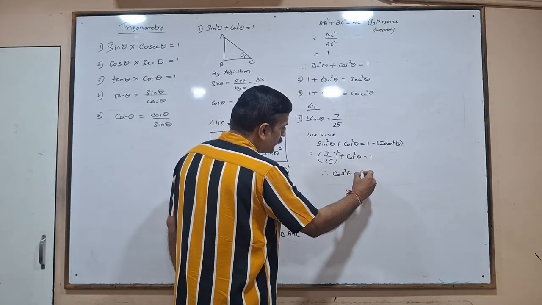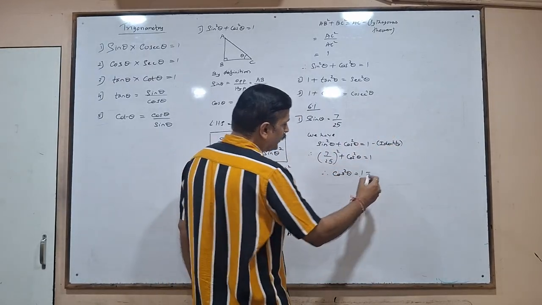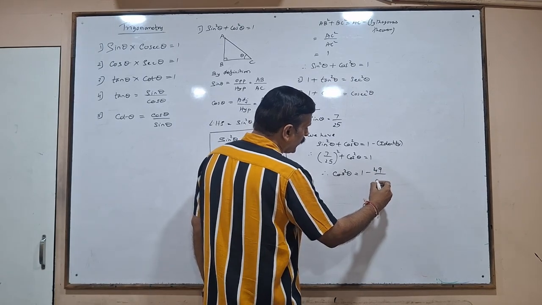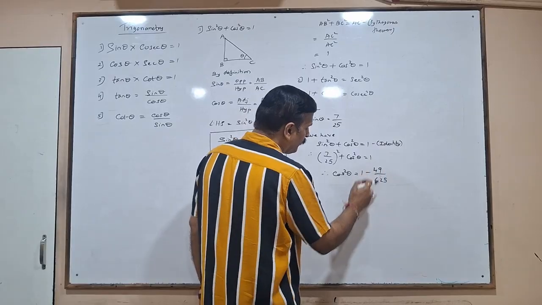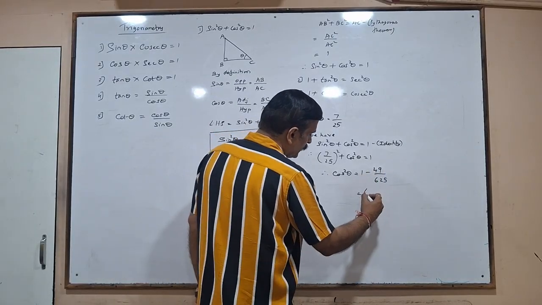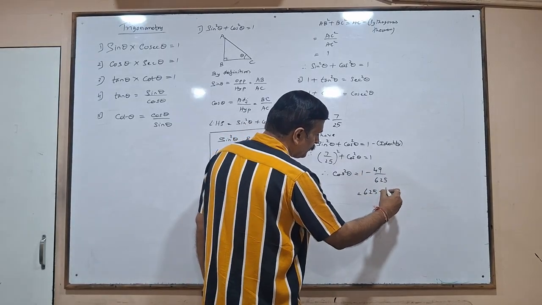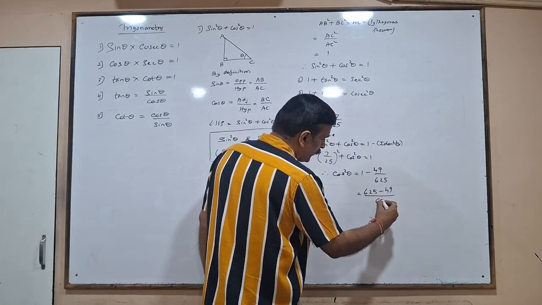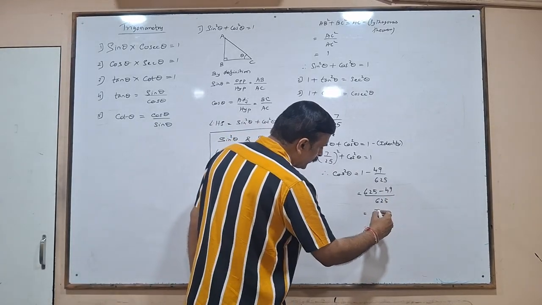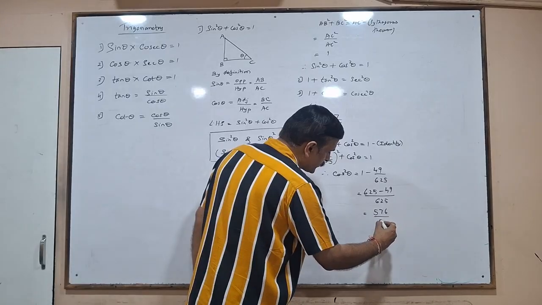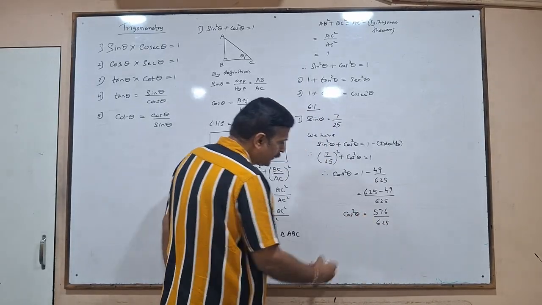So cos square theta is 1 minus square of this, and we'll take it on the right side. It is 49 upon 625. As you have taken it on the right side, positive becomes negative. Then the LCM. So 625, 1s are 625 minus 49 upon 625. 625 minus 49 is 576 upon 625. That is cos square theta.